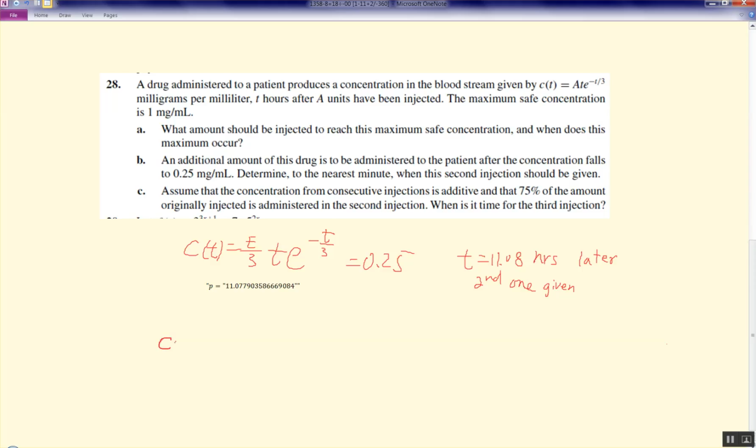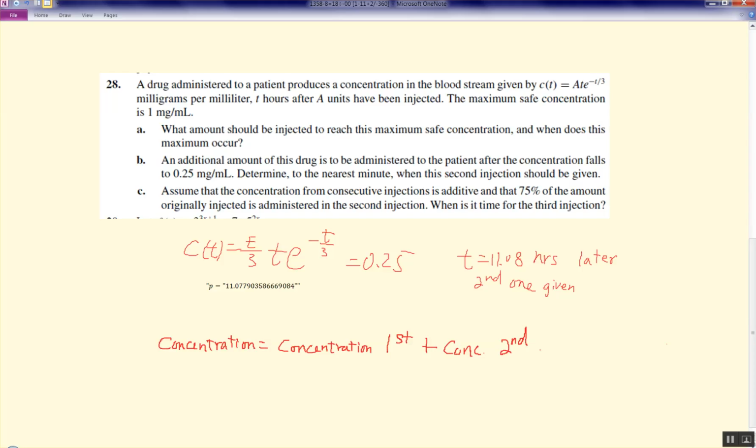So the concentration should be equal to the concentration from the first injection, right? Plus the concentration from the second injection.